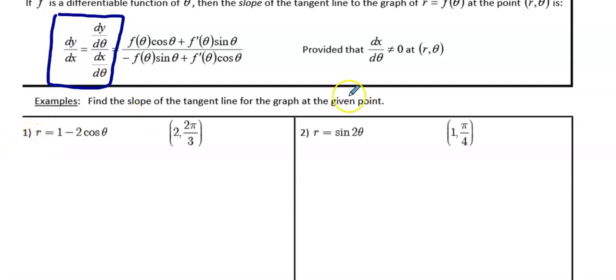So we know, and this is from the previous lesson, that y is equal to r sine of theta, and x is equal to r cosine of theta.